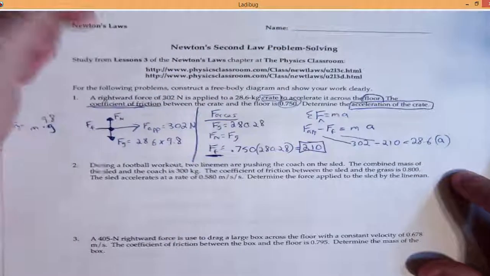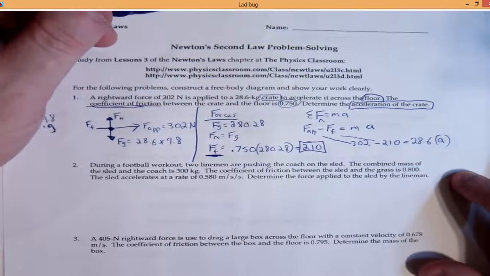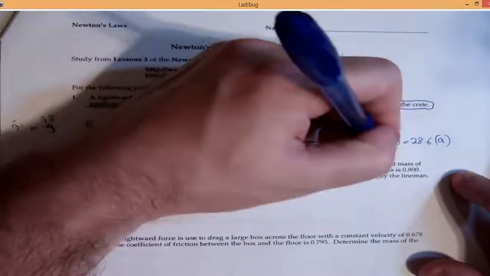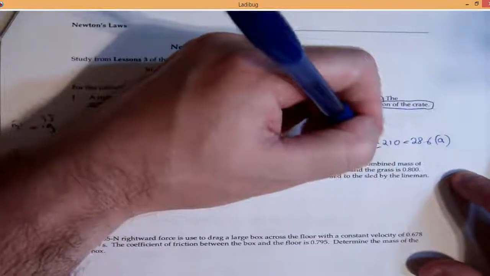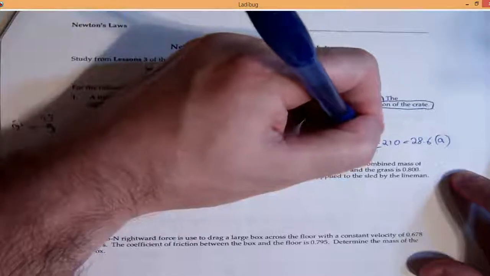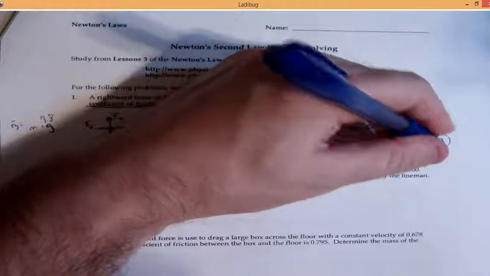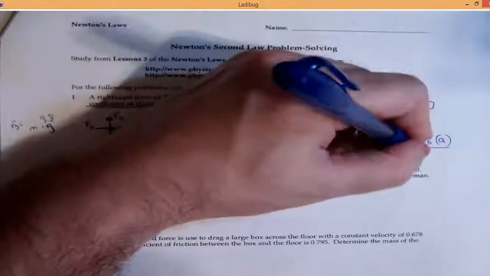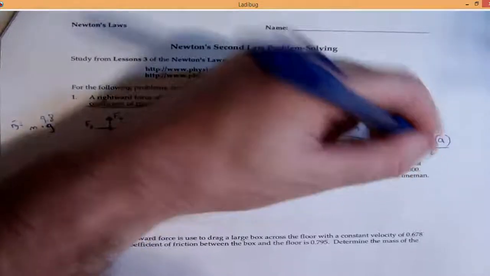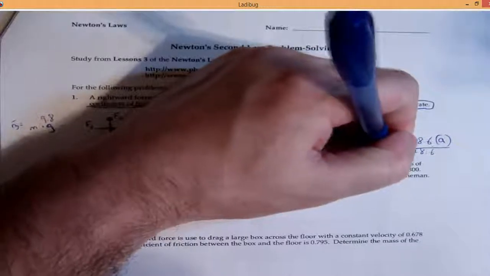We'll just put that in parentheses. And our overall, what should we get? That's just 302 minus 210. Let's see if I can do that in my head. 92. And then now we got to divide this out. Since it's multiplying here, we do divided by 28.6, divided by 28.6.